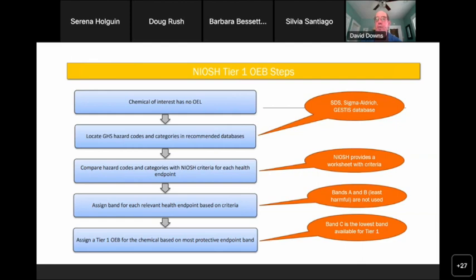And then there's a thing called the GESTIS database, which is maintained by the government in Germany.